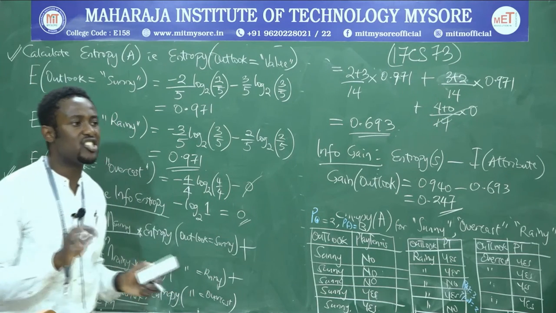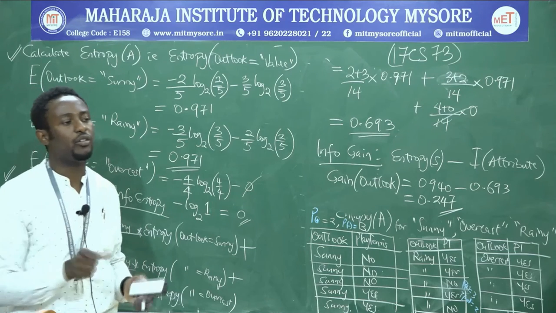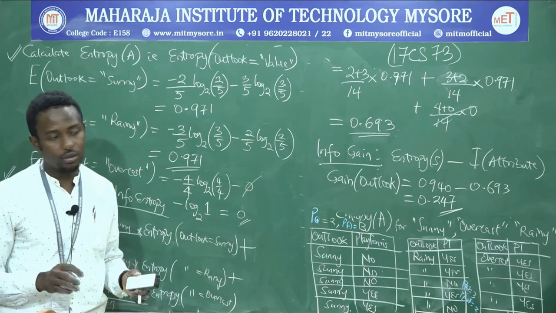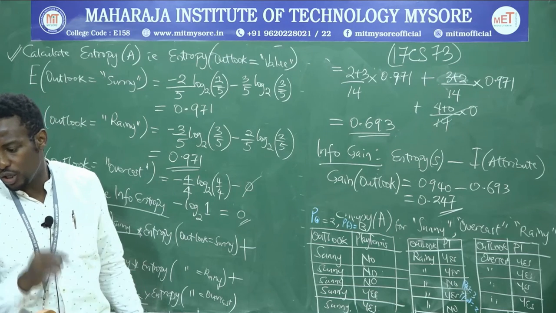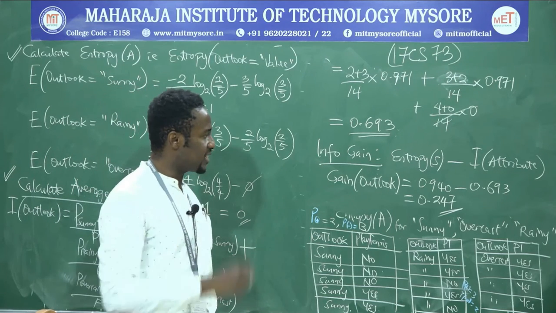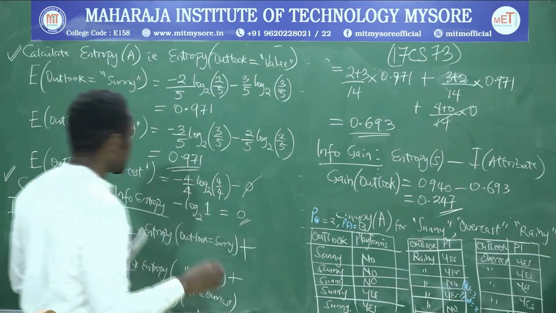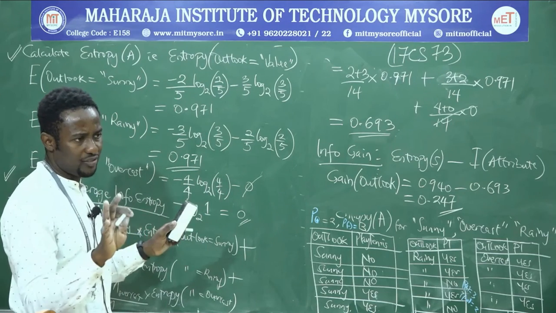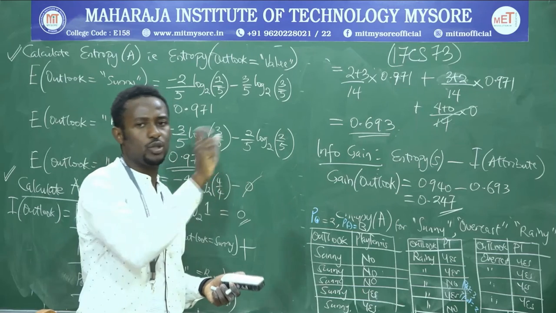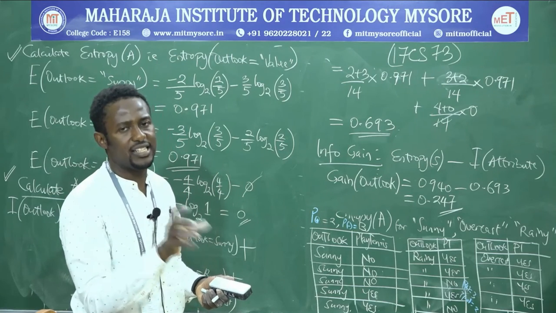But that's not over. This is just stage 1, or the first step of the problem. We are done with attribute equals outlook. What happens to temperature, humidity, and windy? That is an assignment for you. Please listen: I'm going to give you the answer, and you have to trace it and check whether there are discrepancies.